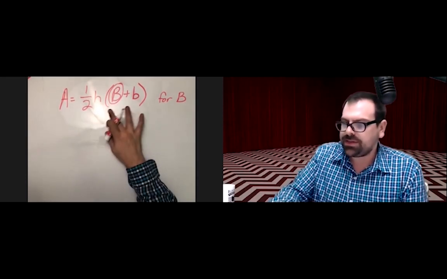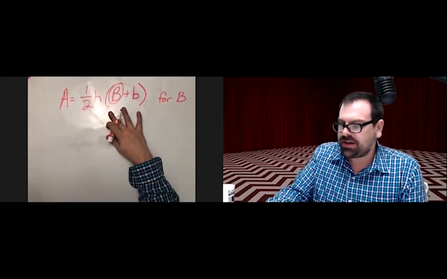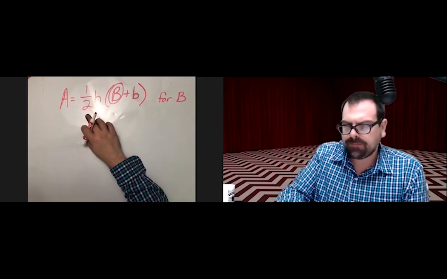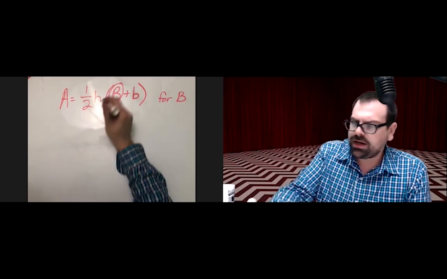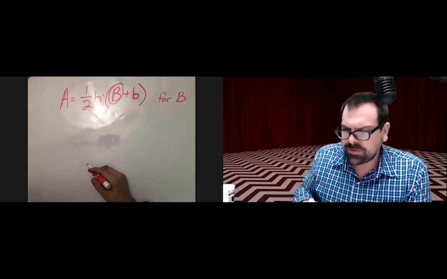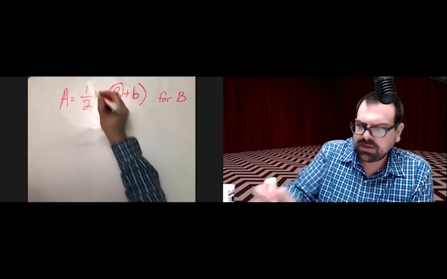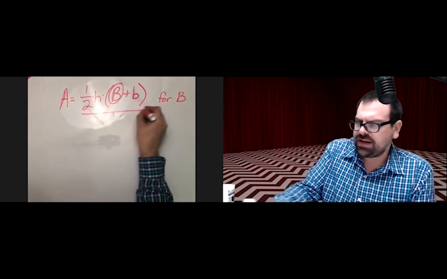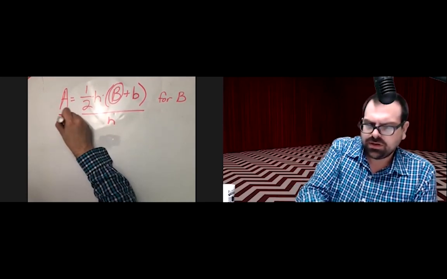Okay, well, the big B is currently trapped in this set of parentheses. We're going to go ahead and get that by itself. So we've got to get rid of multiplying by 1/2 h. Let's do it piece by piece so we don't overly confuse ourselves. Let's divide by the h first.